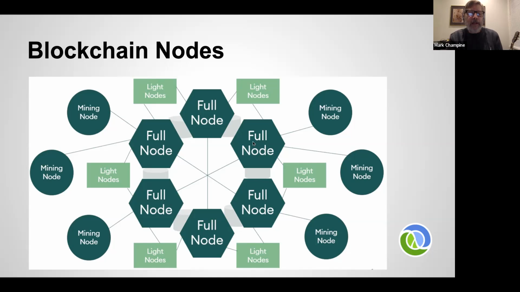The Bitcoin blockchain in particular has at least 3 kinds of nodes. I think there's even more, but there's three most well-known kinds of nodes.